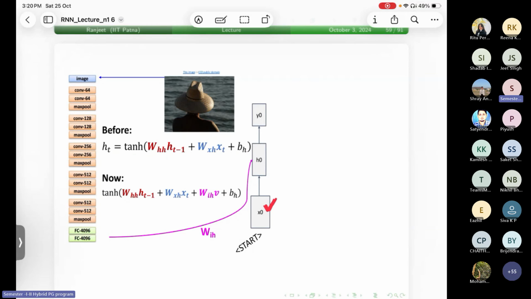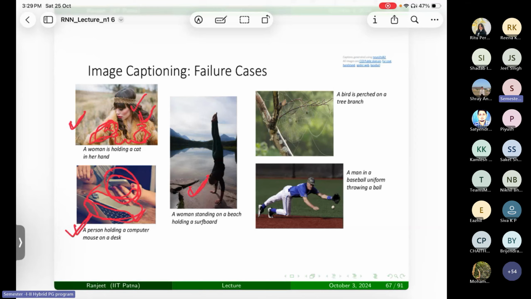You can see here, it's saying that a woman standing on a beach holding a surfboard. Now here, again, your model is getting confused with this water, because the water in some ways looks like a surfboard structure, and face-wise it's trying to understand that this is a woman, and it's giving this answer. Why?